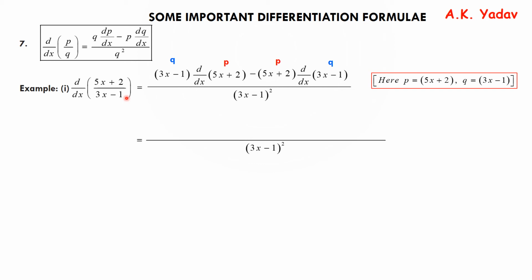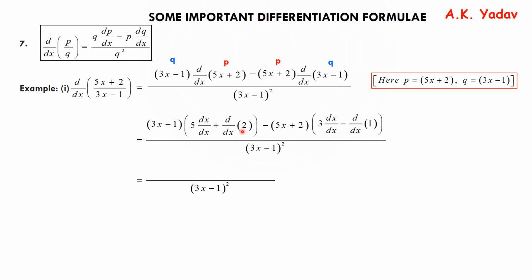Now in the denominator it remains the same, in the numerator 3x minus 1 remains as such. Now we will just expand this term for differentiation, that is 5 comes out, d by dx of x plus d by dx of 2. Similarly for the second, minus (5x plus 2) remains as such, and 3 comes out, d by dx of x minus d by dx of 1.